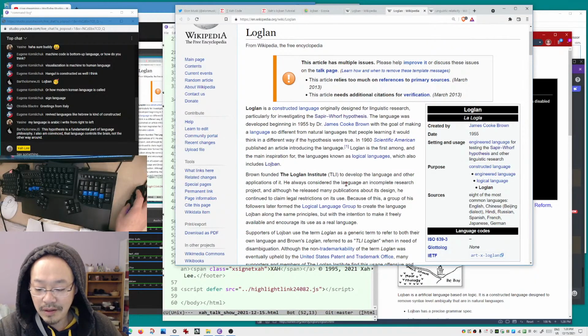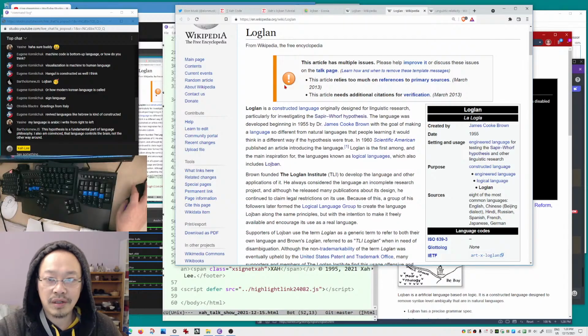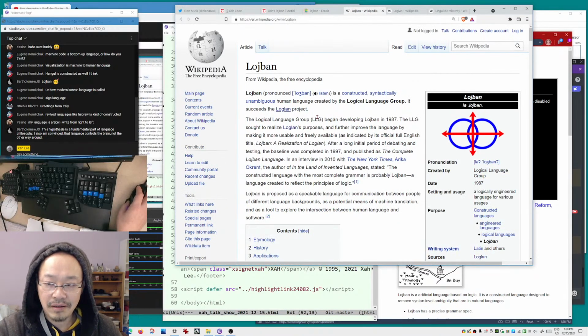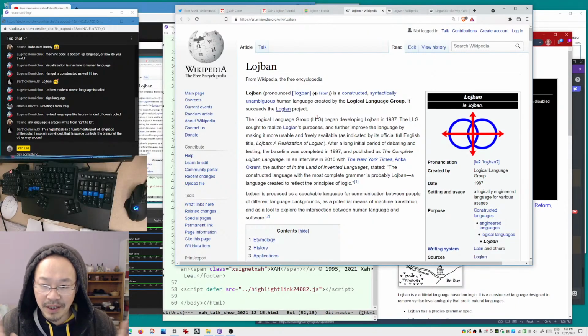So we are talking about Loglan, which is a constructed language. Then political infighting happened. Just like Free Software Foundation versus open source, and Linux distributions. So many of them, infighting. Window managers infighting.